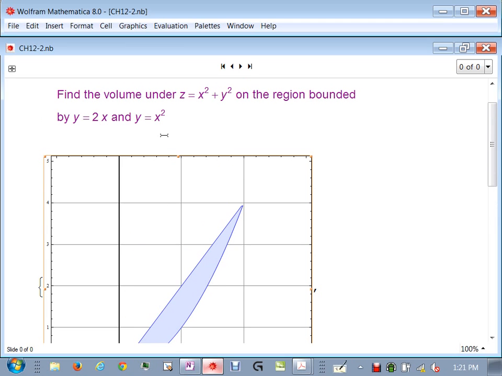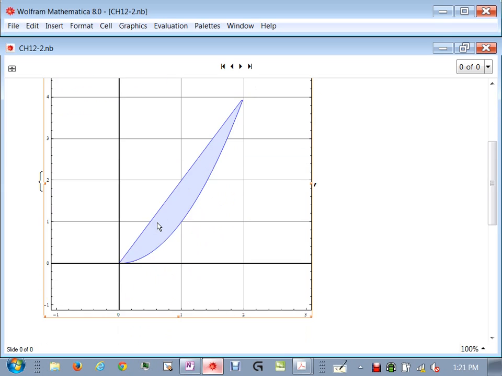So you graph them. You figure out where they intersect each other by setting them equal to each other, and you'll get two solutions. You should get 0 and you should get 2. And then from here, you know what your G2 is and what G1 is, and our restriction on x would be from 0 to 2.